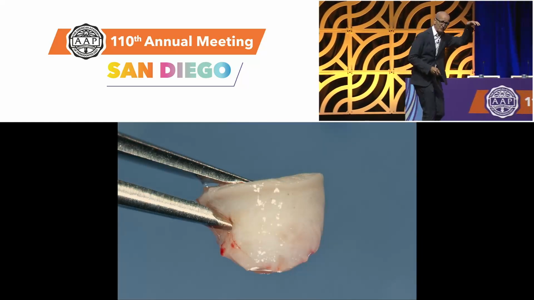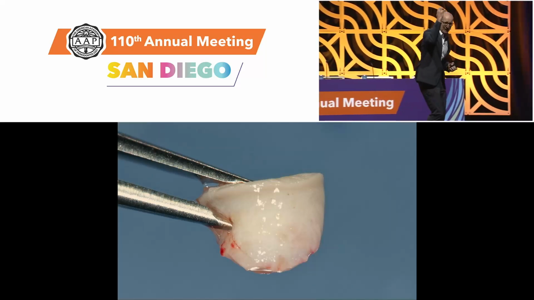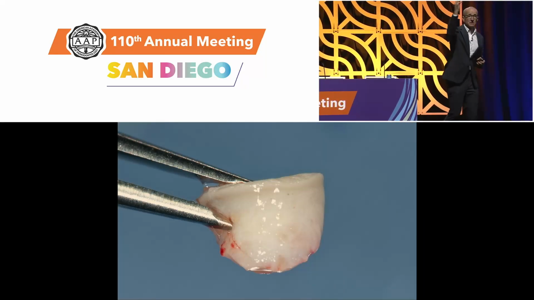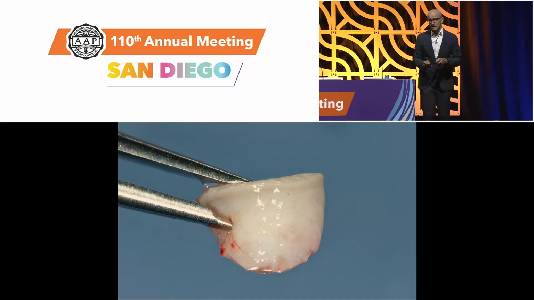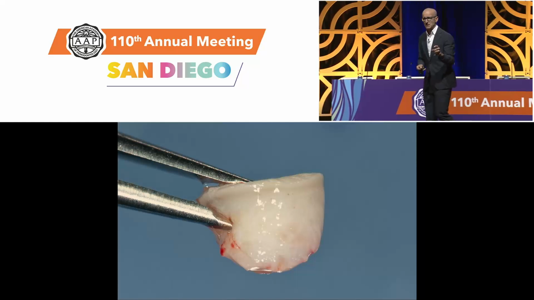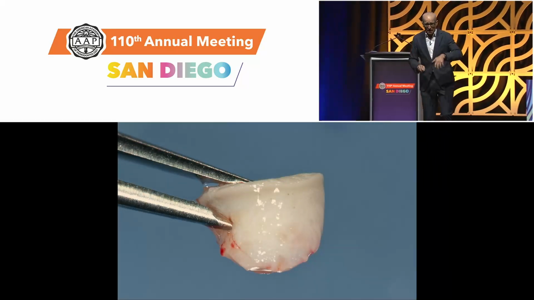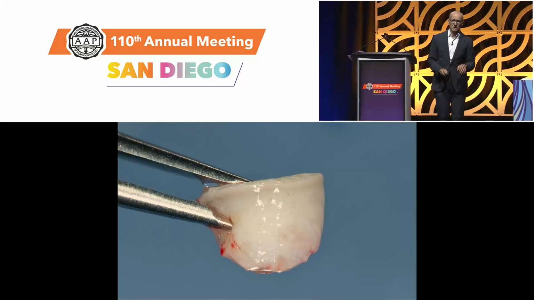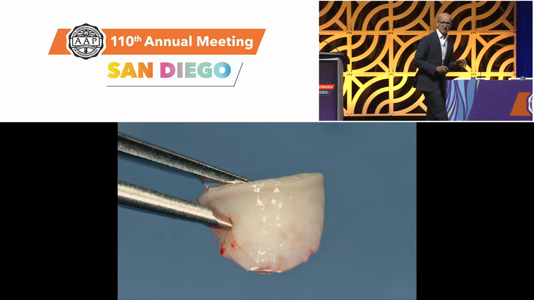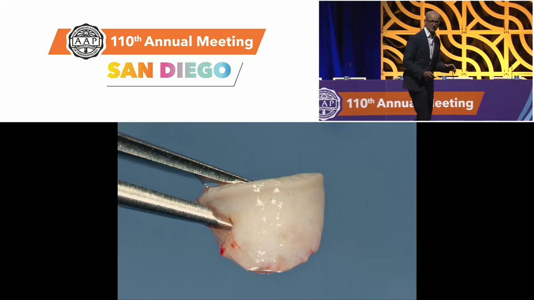Superficially, we have the papillary portion showing finger-like projections into the overlying epithelium. These finger-like projections, so-called rete pegs, are 200 to 300 micron long. Under it, we have the reticular portion, which is characterized mainly by thick reticular fibers in the extracellular matrix.